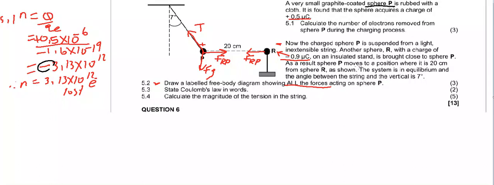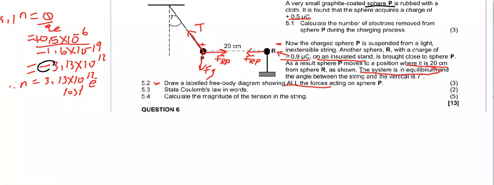The statement continues to say that the stand is insulated and is brought close to sphere R. As a result P moves to a position where it is 20 centimeters from sphere R, as shown in the diagram, and the system is in equilibrium.